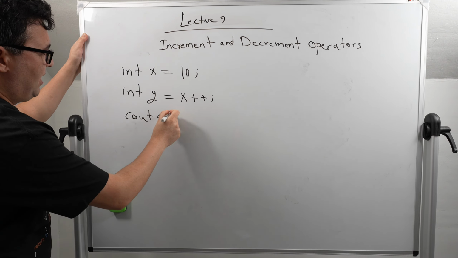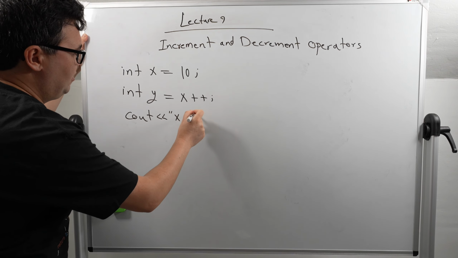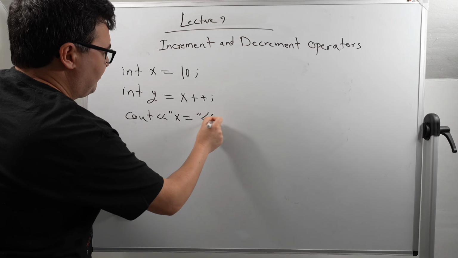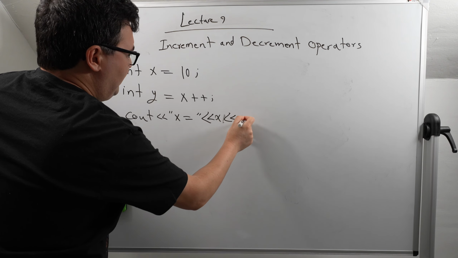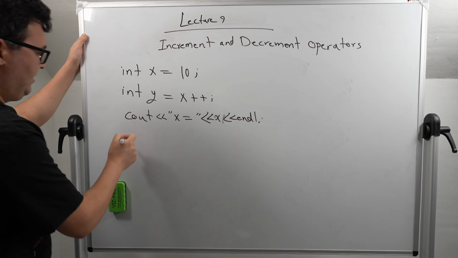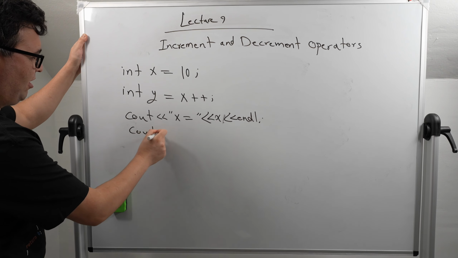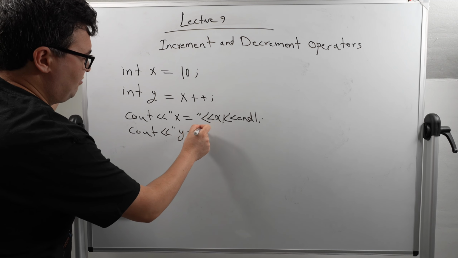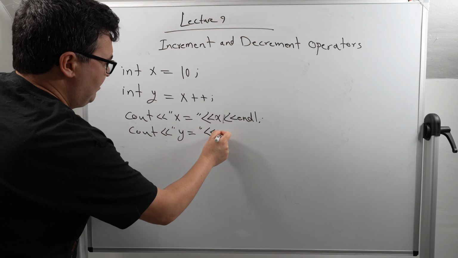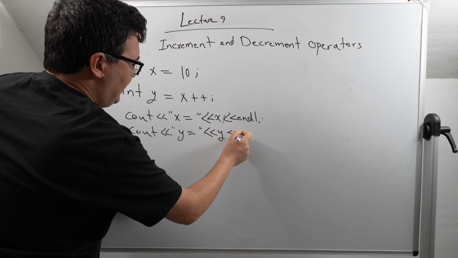Suppose I want to cout x is equal to x, and endl, then cout y is equal to, print the value of y, and then endl.